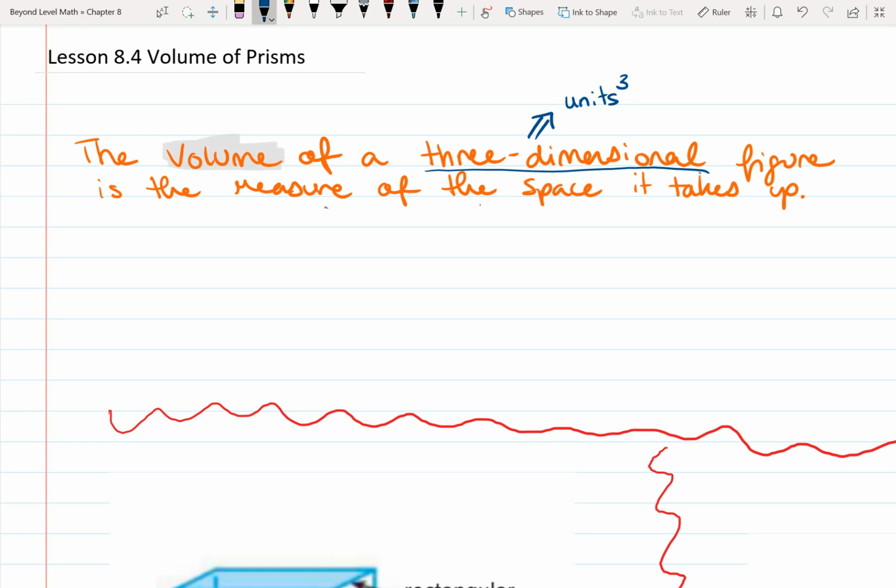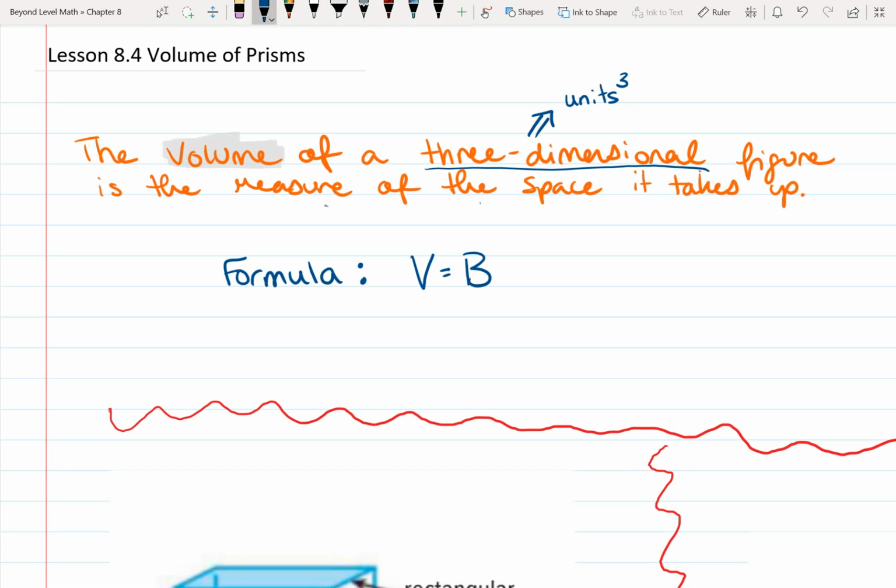Now your formula for volume of prisms is the same for everything. So volume equals, and it's capital V. I think in the past I've talked to you about using all lowercase variables. The reason being is because now, in uppercase, a capital B means something very different than a lowercase b.